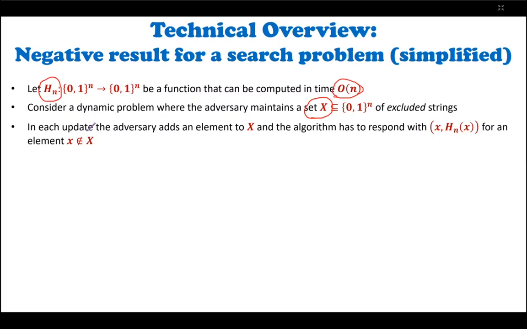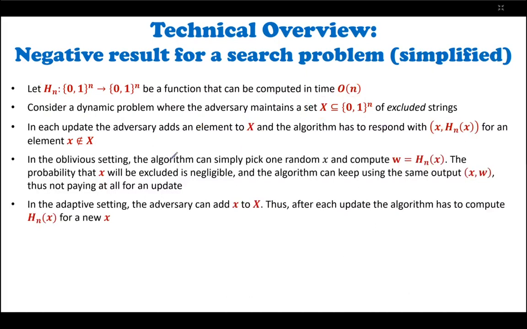On every update, the adversary is allowed to add one more element to the set of forbidden strings. The algorithm, on every time step, knows the set of forbidden strings. All it needs to do is to output some non-forbidden string with its hash value. That's all the algorithm needs to do.